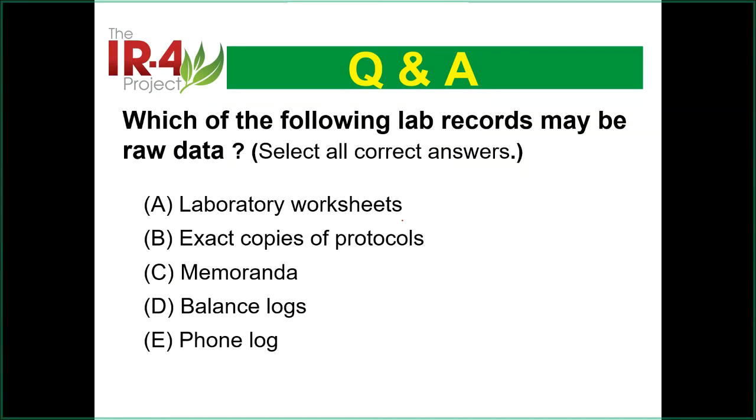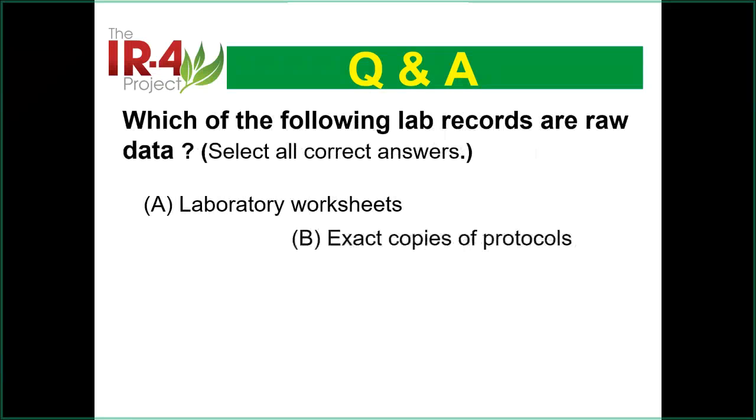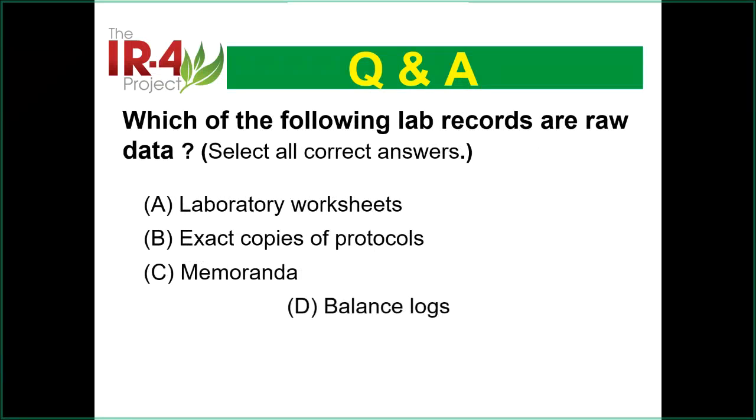Your lab Excel sheet calculated, and how about the protocol? How about some other notes, even the balance log, or if you call someone, you need to write something. Is that the requirement in a GLP study as raw data, as a record? Okay, I think we put it twice there. That's okay.